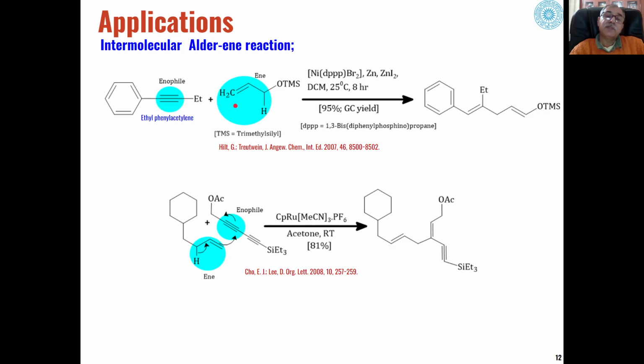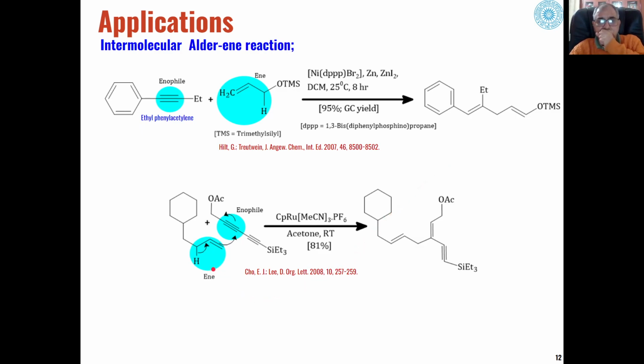When this reaction is performed with a nickel-based catalyst, nickel DPPP bromide, that is 1,3-bis(diphenylphosphino)propane as the ligand, in presence of zinc metal and zinc iodide, they will in situ form a complex which will catalyze this Alder Ene reaction to give us Alder Ene products.